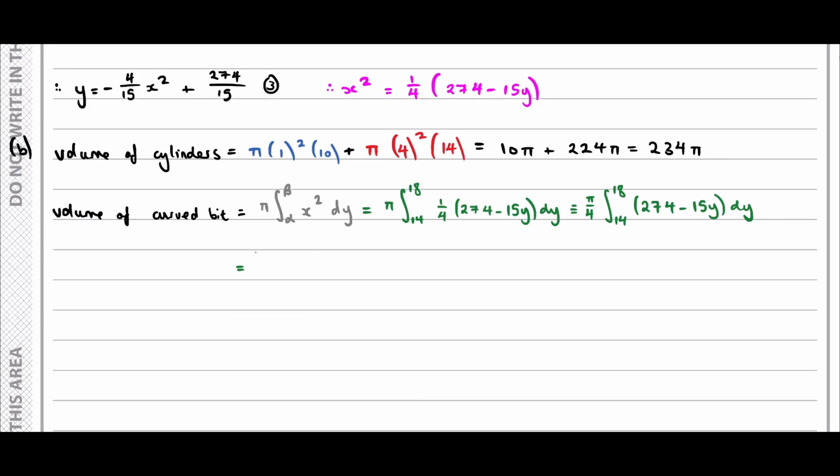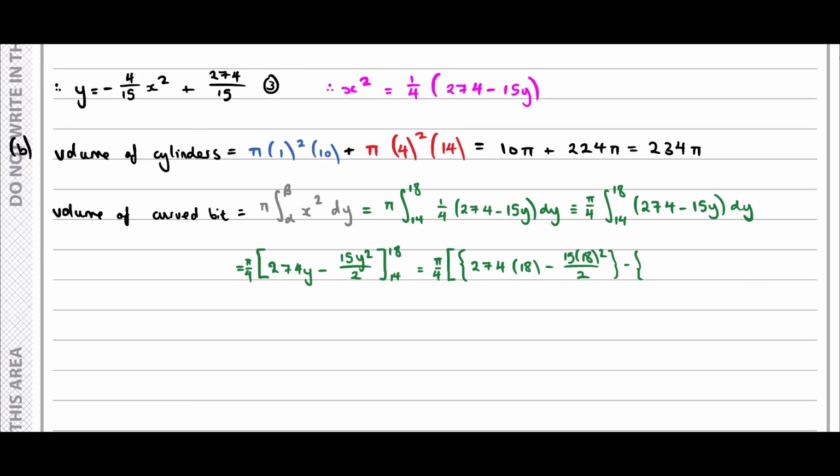And it's quite easy to work that out. We have pi over 4 lots of 274y minus 15y squared over 2 between 14 and 18. So if we work out our upper limit, we have 274 lots of 18 minus 15 lots of 18 squared over 2.